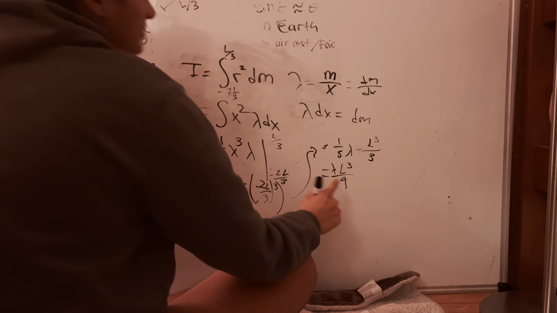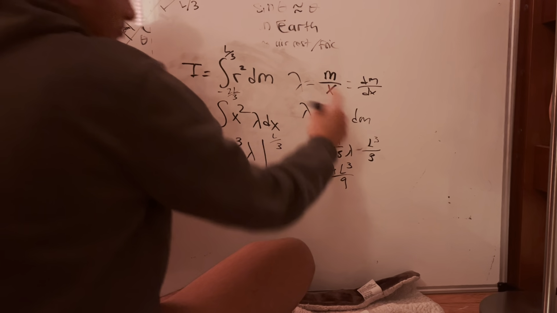And then remember, we've got to substitute back in lambda, which we defined up here to be m over x.